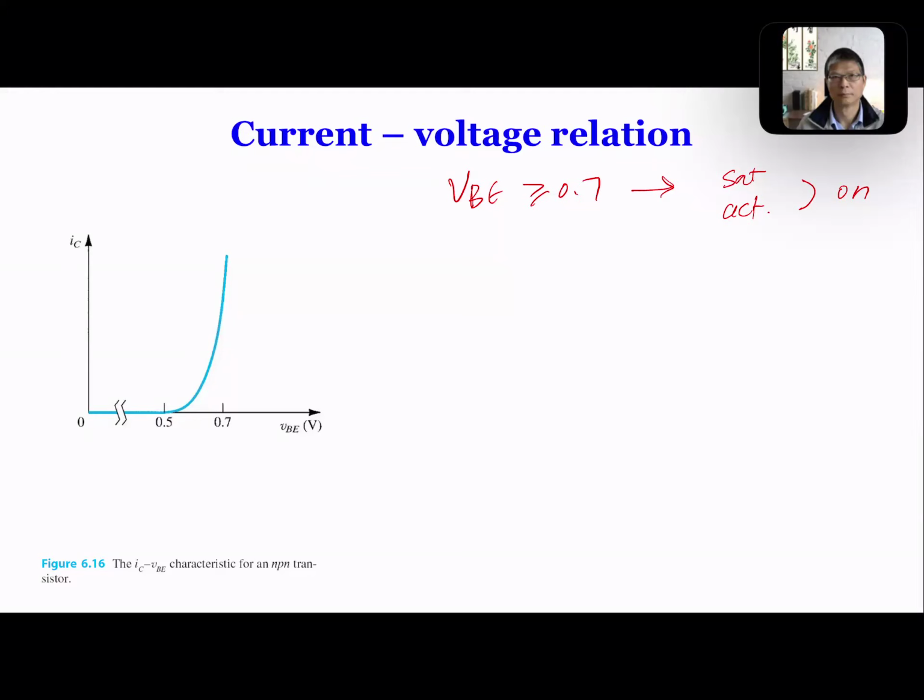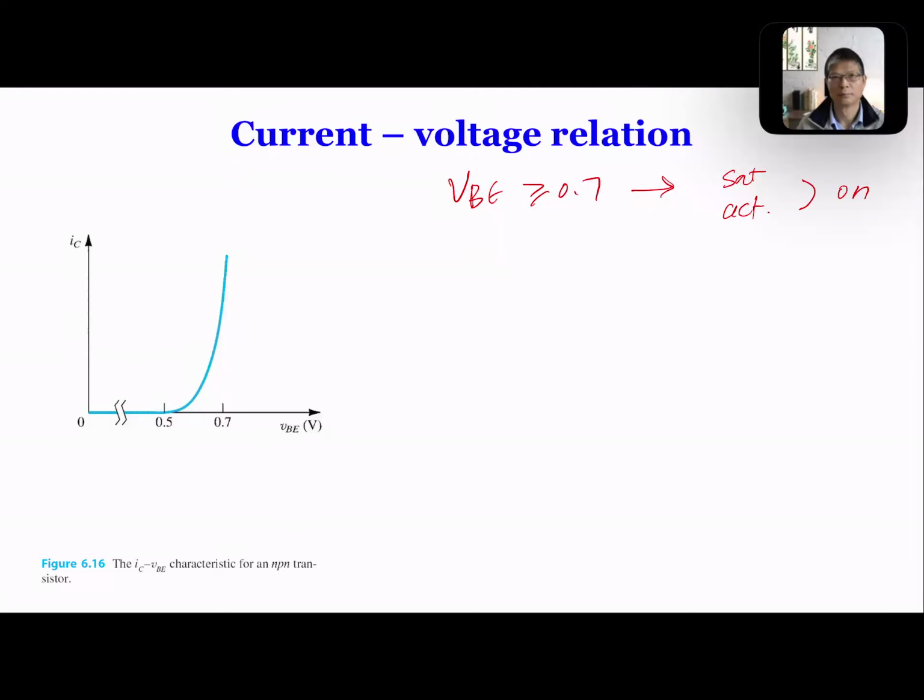When it's about 0.7, it actually conducts. But in real life, that 0.7 is not a number written in stone. It's a number that gives you a very first approximation of the device working per mode. So in real life, the BJT will be working even though the voltage is not approaching 0.7.